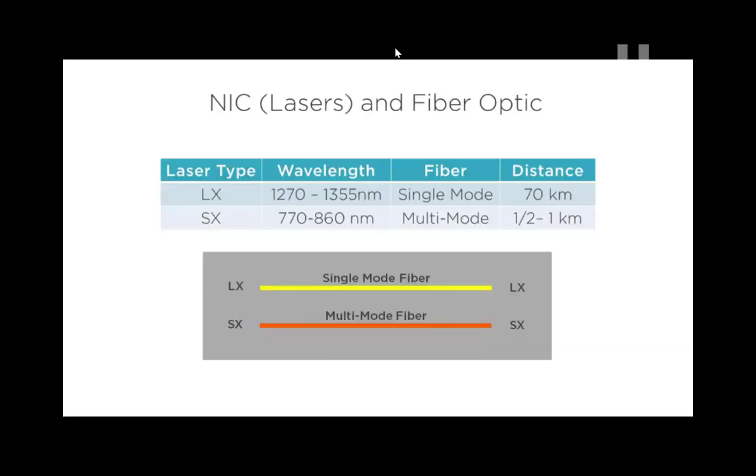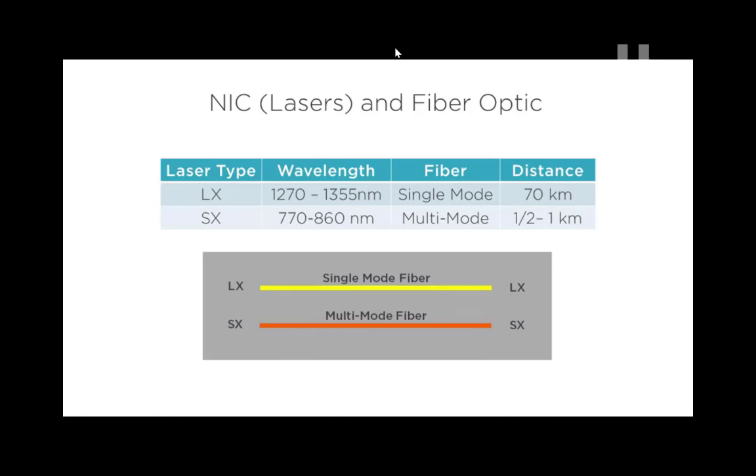Now we are taking a look at what type of laser is used in multi-mode fiber and single mode fiber. The laser type in single mode fiber is called LX, and the wavelength of this fiber is 1217 to 1355 nanometers. The most important thing is that it is used to cover a distance of up to 70 kilometers.